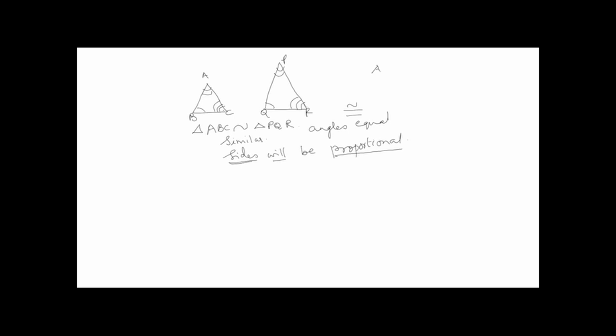So AB divided by PQ is equal to AC by PR, which is equal to the third one.